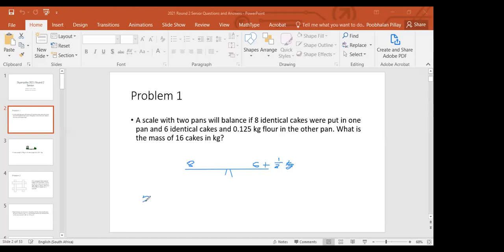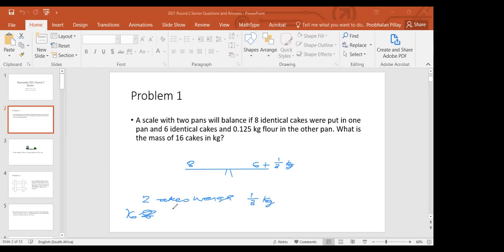So 2 cakes weigh 1/8 of a kg. 0.125 is 1/8, right? Because they balance. So there's an additional 2 that will be equal to the 1/8, and therefore the 16 cakes, oh, I'm sorry.